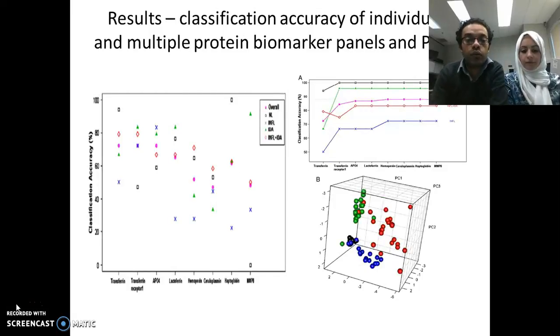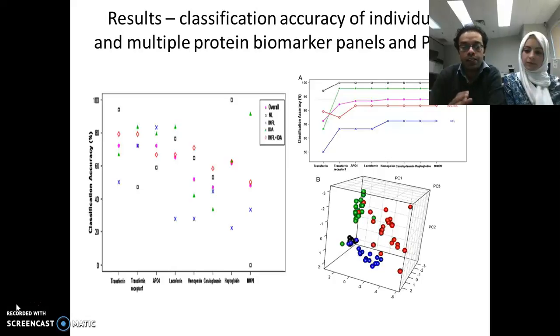Now we are going to the last result, which is classification accuracy of individual and multiple protein biomarker panels and PCA. We can see on the left side the classification accuracy of individual protein biomarkers. When the test samples are classified based on a single protein, the overall classification accuracy remains under 72%, with maximum accuracy attained for transferrin receptor 1 and APO4.